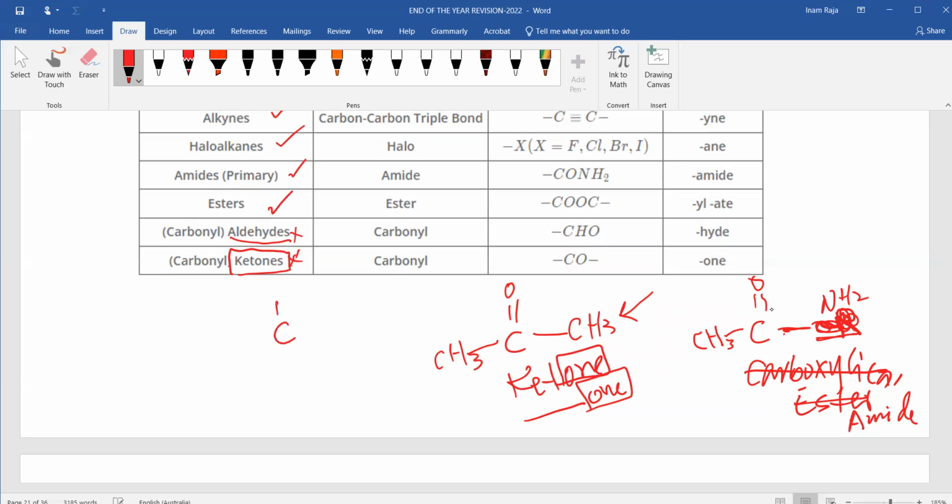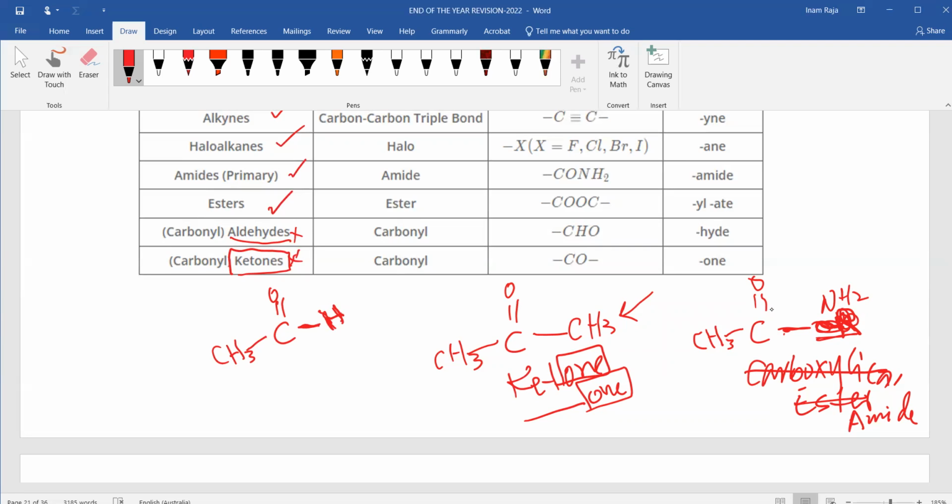And aldehyde has one side hydrogen, the other side could be hydrogen or could be any carbon containing group, but one side it must have hydrogen. On the other side, it may or may not have hydrogen. All right, but one side is a must.